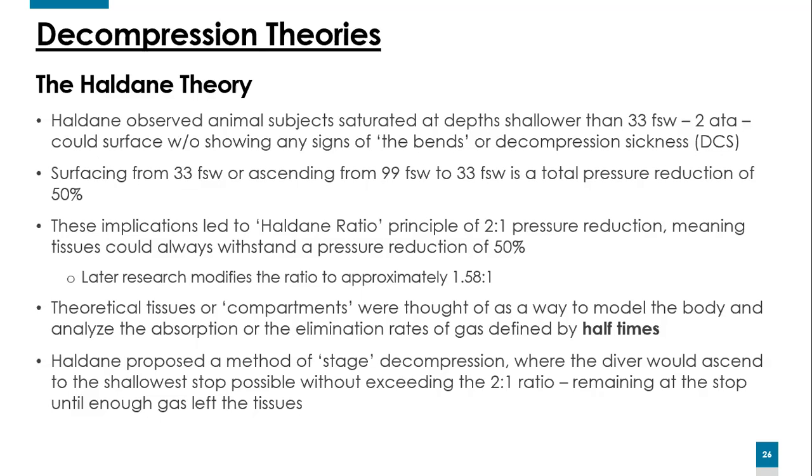In other words, after the first half time, 50% of the gas would be gone and 50% would remain. After the second half time, 50% of the remaining half would be gone, for a total of 75% gas gone. After the third half time, 87.5% of the excess gas has left the tissue, and so on and so on. After 6 half times, 98% of the excess gas has gone, close to 100%.